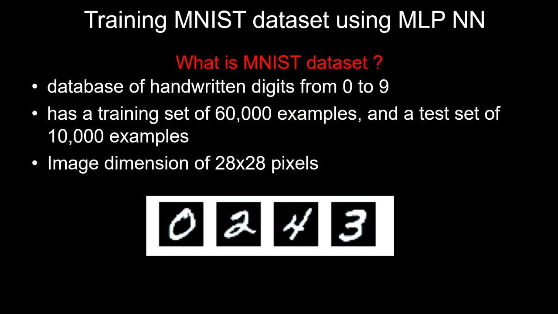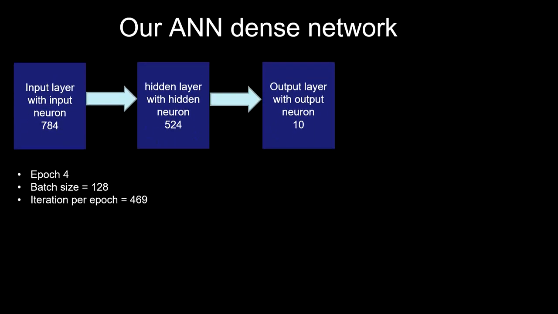Previously we trained the MNIST dataset, which consists of handwritten digits, around 60,000 samples, using the standard artificial neural network, multilayer perceptron. This is our previous model, in which we have the input layer, the hidden layer, and then the output layer.